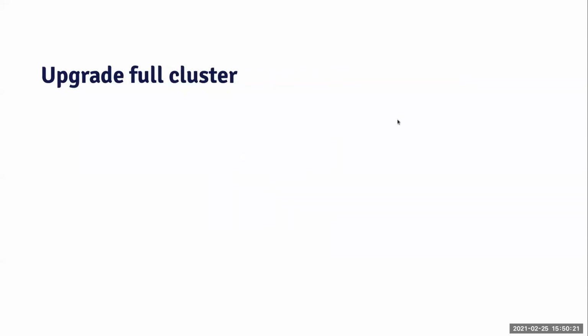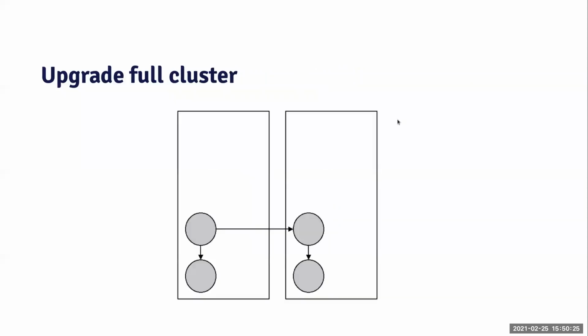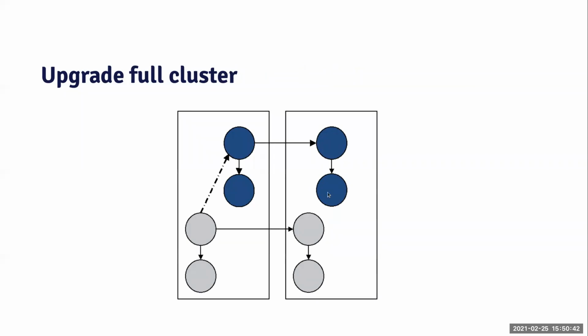Now, you can also upgrade the full cluster immediately, not only one node. So what I would recommend is that you have this gray one, which is very old Postgres running here with a very nice architecture, but very old version. So you set up a new cluster, which is exactly the same architecture. Everything is replicated immediately, but it's completely empty in terms of data. The data is going to come from the master to the other master.